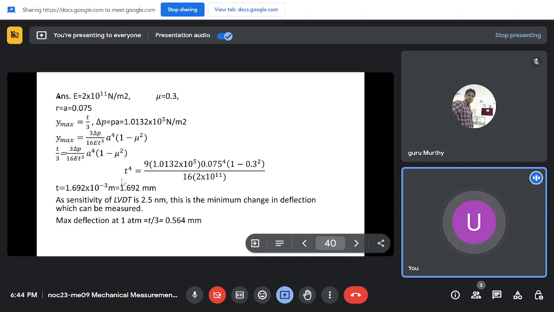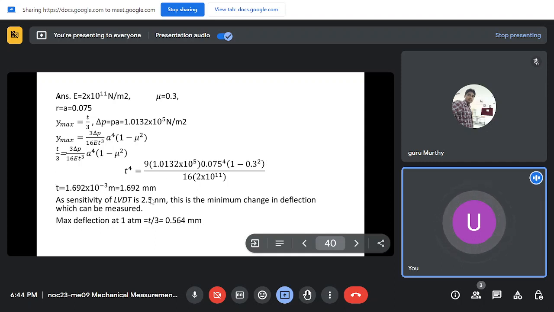So the relation will be T raised to power 4 equals 9 into pressure 1.013 into 10 power 5, into A raised to power 4, which is 0.075 raised to power 4, into 1 minus 0.3 squared, divided by 16 into E, which is 2 into 10 power 11. On simplifying, we get T as 1.692 into 10 power minus 3 meter, or 1.7 mm. So that is the thickness.